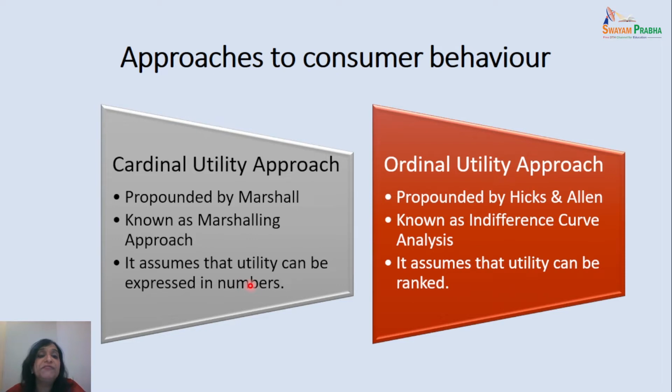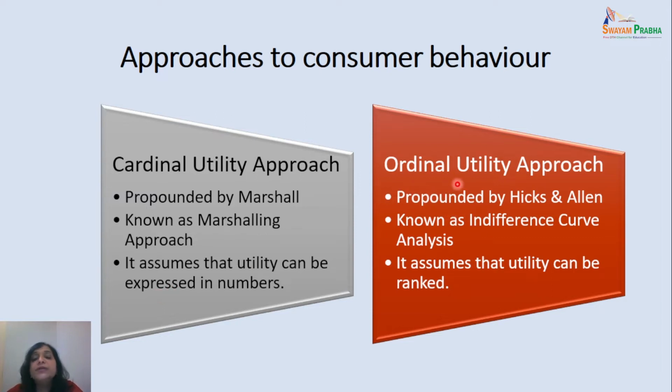So the broad difference between cardinal and ordinal here, learners, is that the cardinal approach assumes that any consumer is able to quantify whatever satisfaction he derives by consumption of a good or a service. That is, if I consume a glass of water, the satisfaction which I get by consumption of that one glass of water can be expressed in numbers.